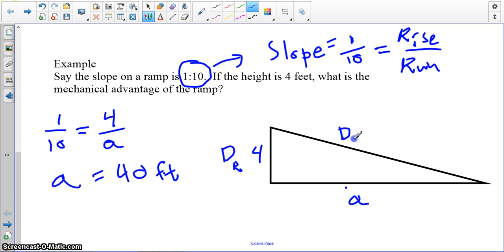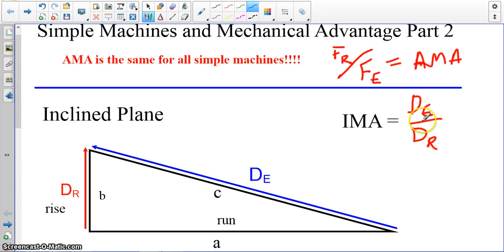DE is, well, I usually use lowercase, so E for effort. So you're traveling diagonally up the ramp, so that's the effort distance. Hopefully that makes sense. That's how long you're putting the effort in. E. Alright, so DR over DE is the ideal mechanical advantage.